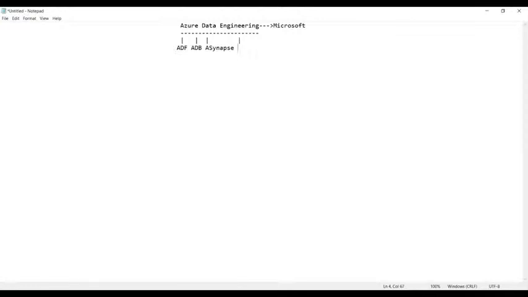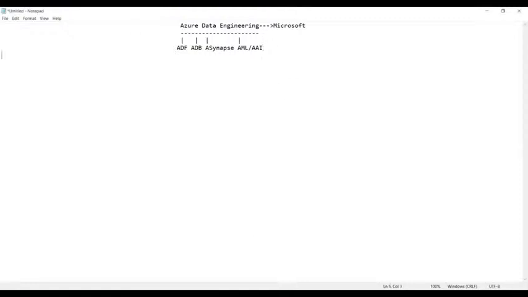Then we have Azure ML, which stands for machine learning, and Azure AI, which stands for artificial intelligence. Likewise, many services are provided under this Azure data engineering.